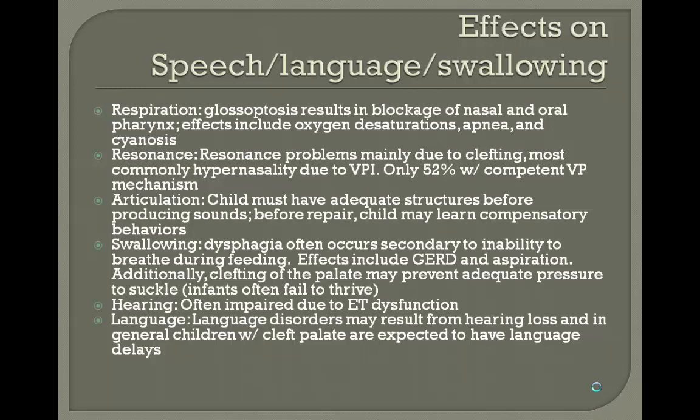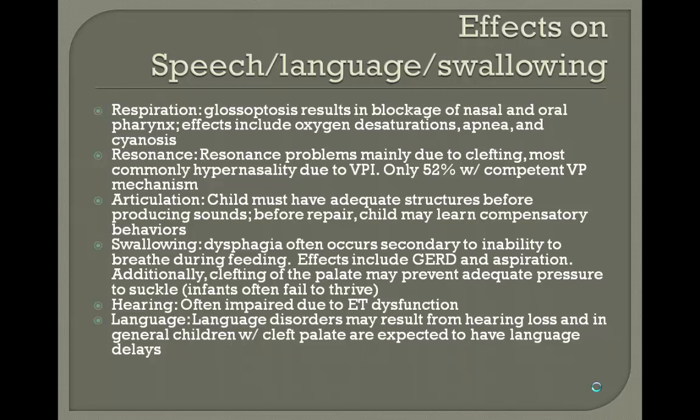Next, swallowing. Dysphagia often occurs in these children secondary to their inability to breathe during feeding. Like I said, there's that blockage of the oral and nasal pharynx, and that creates problems because they're not able to breathe and swallow at the same time.